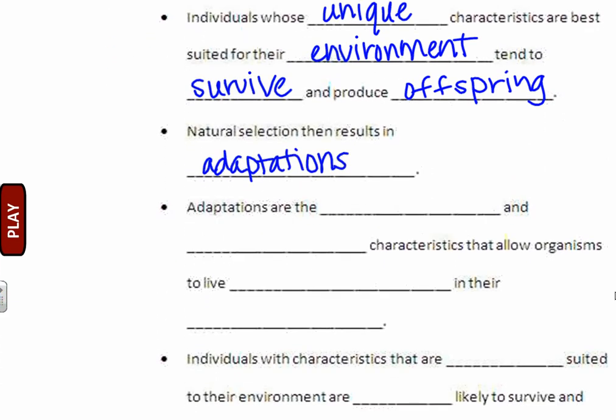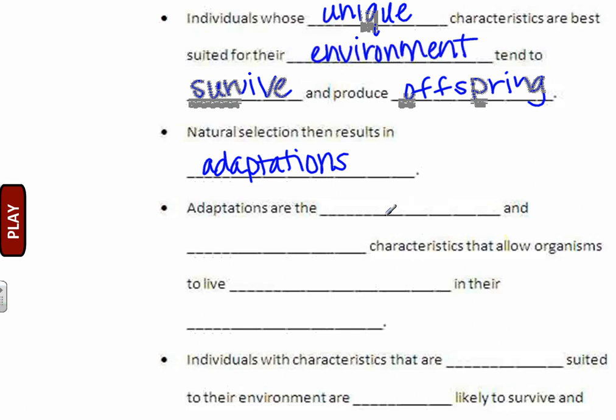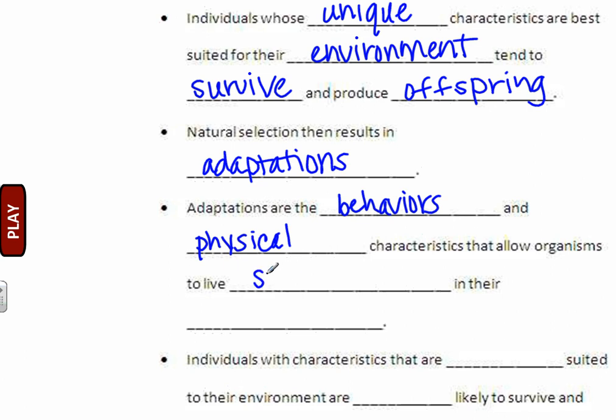Now, adaptations are the behaviors and physical characteristics that allow organisms to live successfully in their environments.